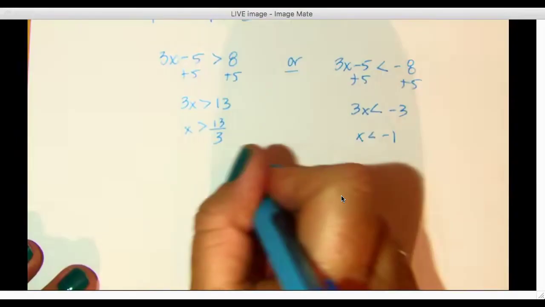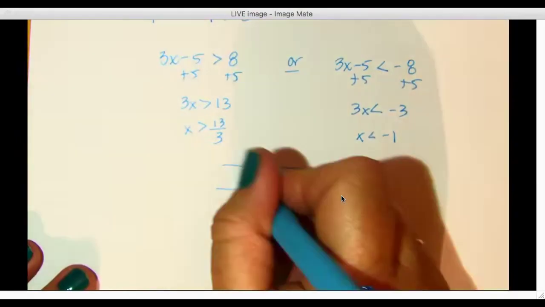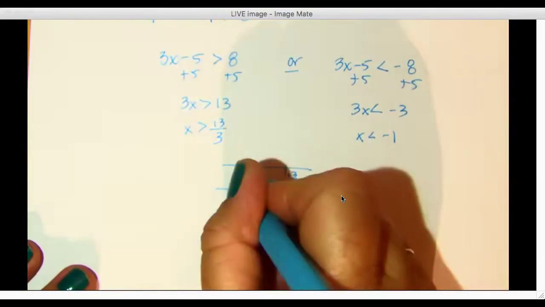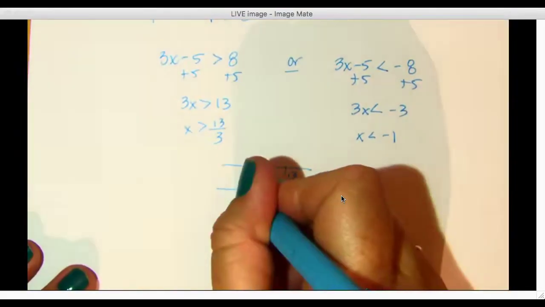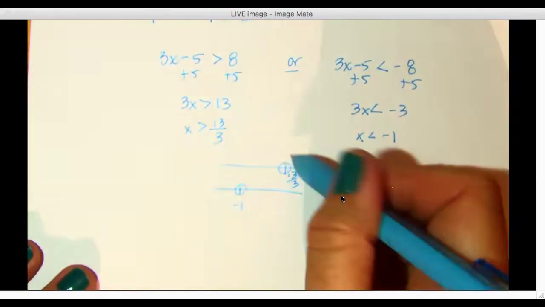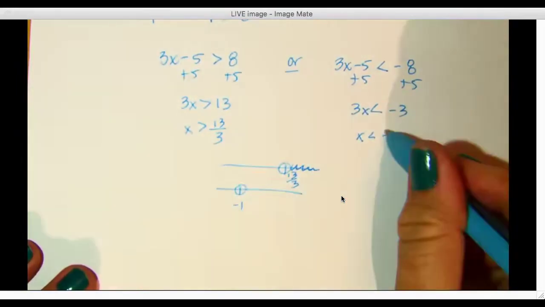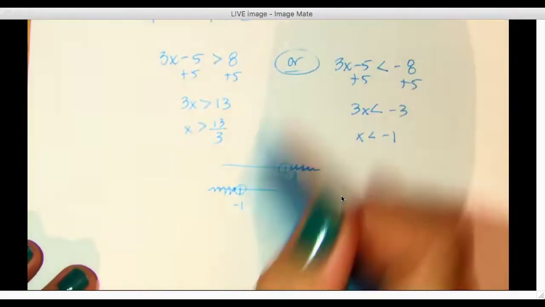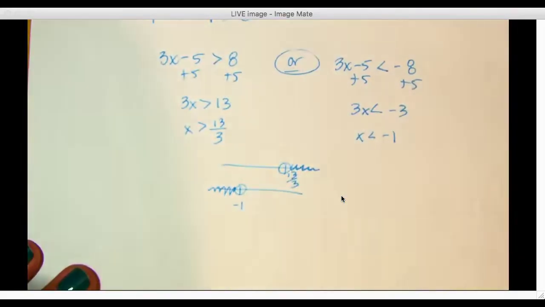And I can go ahead and look at those graphs lined up with one another. I have 13 over 3 and -1. Open dot for both of those. Here, x is greater than this value, so we're shading to the right. Here, x is less than this value, so we're shading to the left. It is an or inequality, so it just has to satisfy this or this.